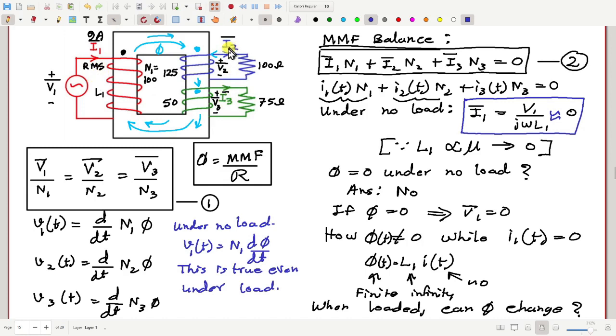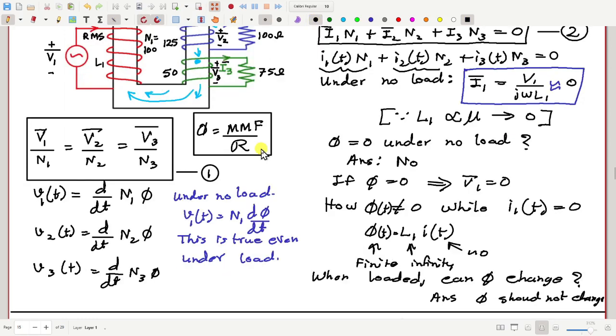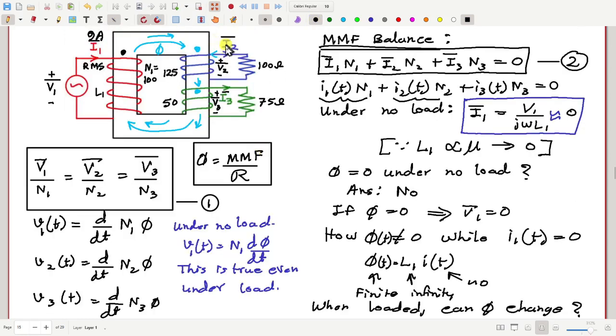The point is that now I2 multiplied by N2, I2 N2, is an MMF, a cause which will try to create some flux.